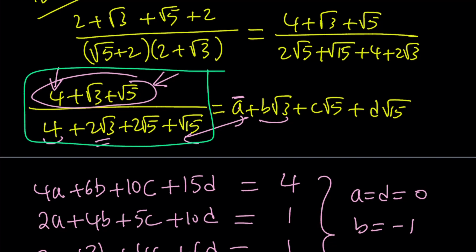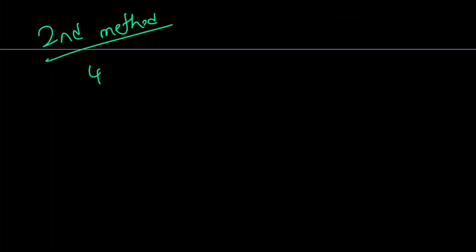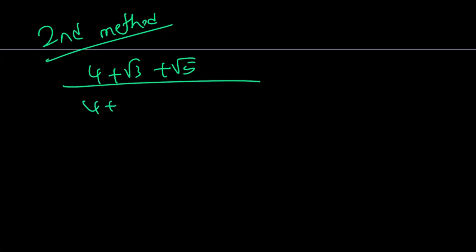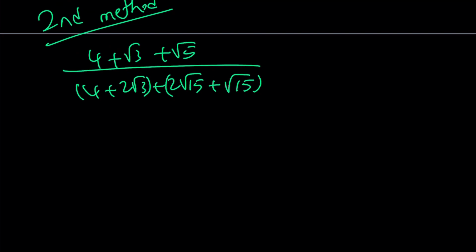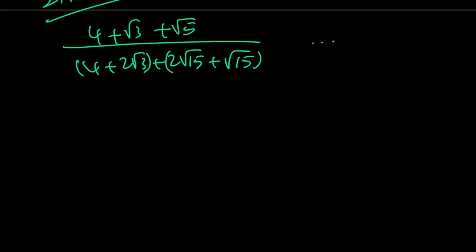And then we can basically take that expression, 4 plus root 3 plus root 5 over 4 plus 2 root 3 plus 2 root 5 plus root 15, and just rationalize the denominator. You can find the conjugate, like group these two terms together, and then find the conjugate. Keep doing this until you get no more radicals at the bottom. All right, but that's time consuming. Let's go ahead and take a look at the third method.